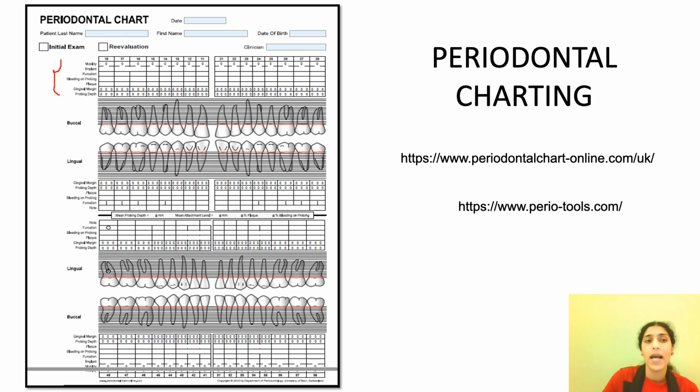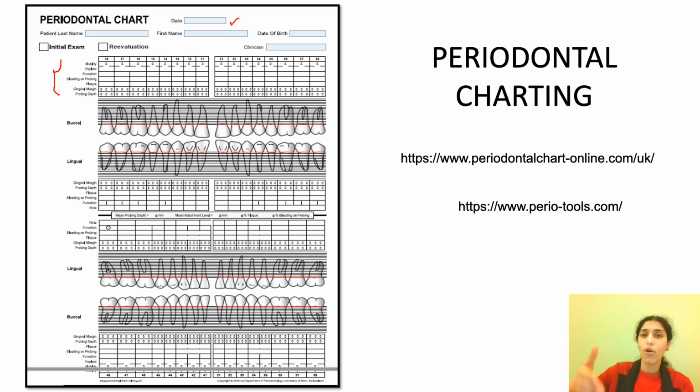It includes the patient name, first name, date of birth, and the date when you record the charting is very important, because usually the charting is recorded before treatment, and after scaling we redo the reassessment, and before proceeding to surgery we also redo the periodontal charting.